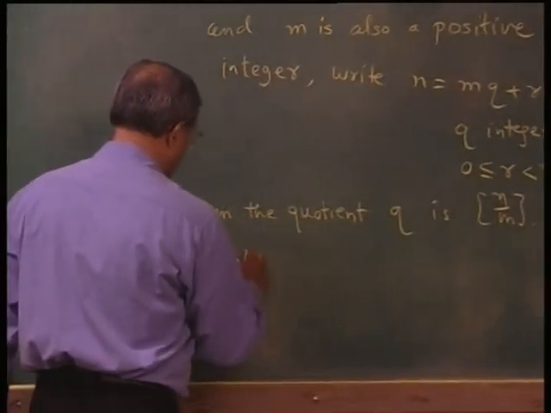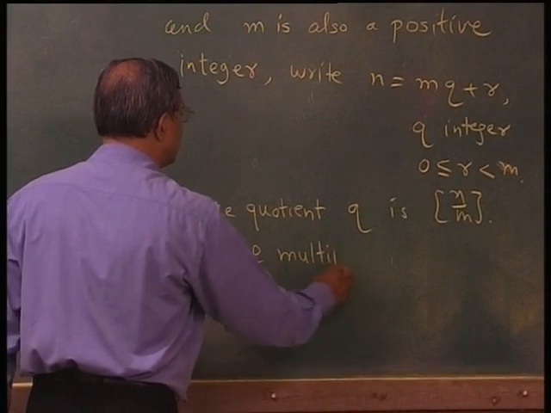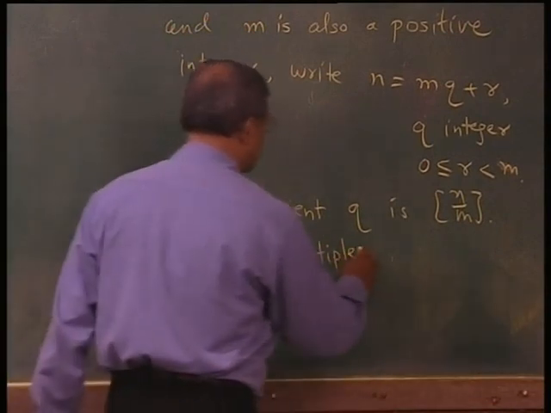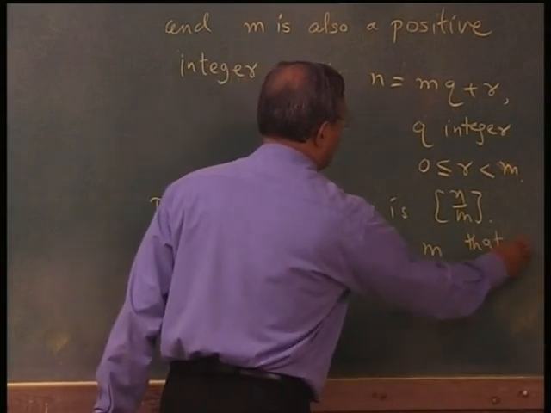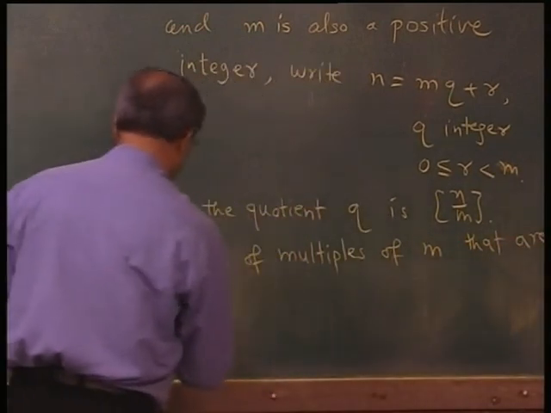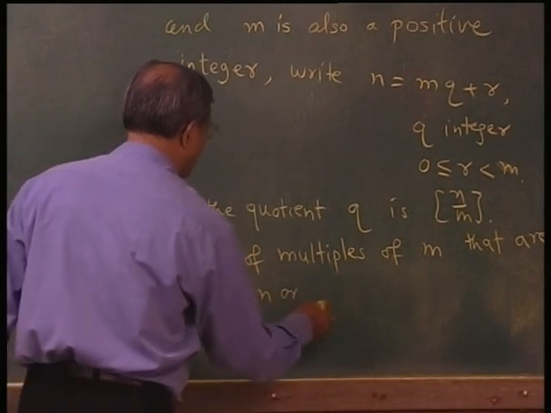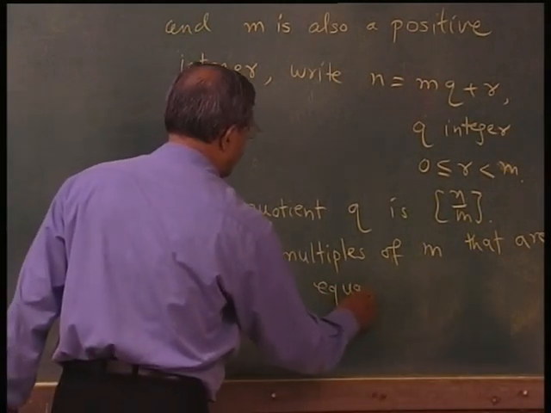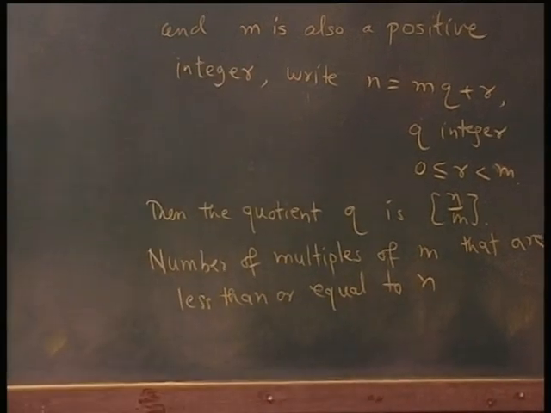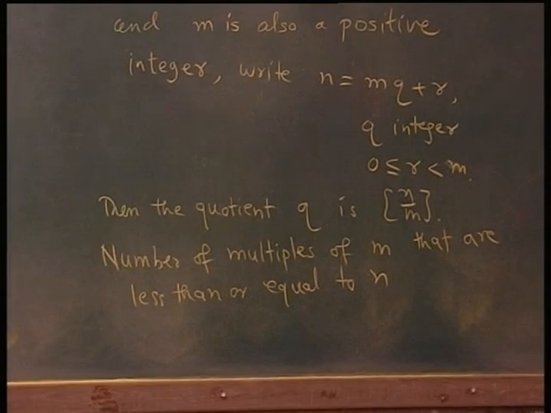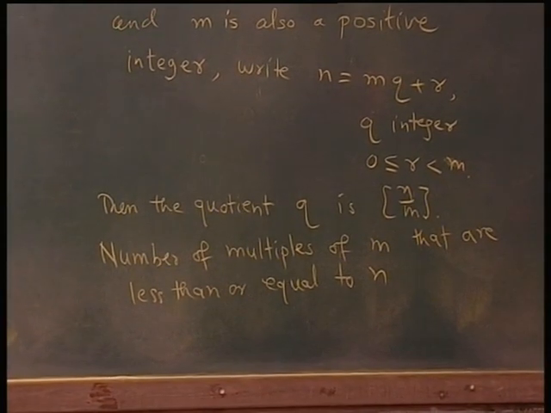So the question is this: the number of integer multiples of m that are less than or equal to n. What is the number of multiples of m? That number is q.